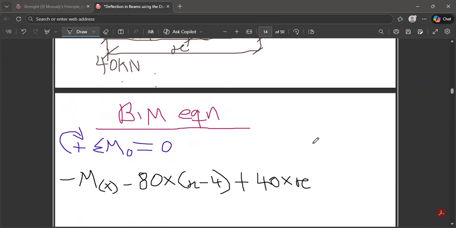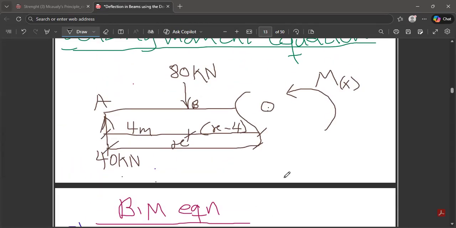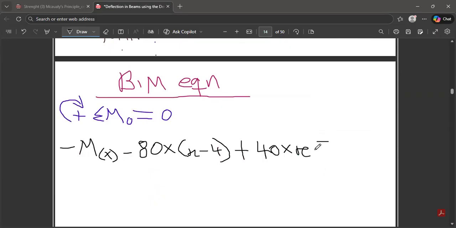Good. So at the end of the day, we can now equate the whole of this to 0.